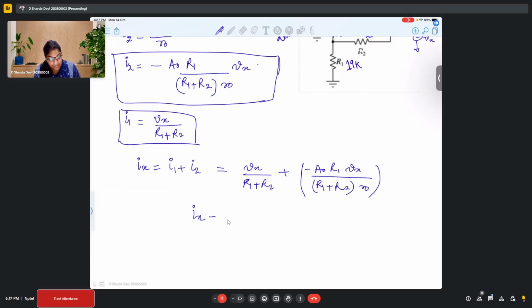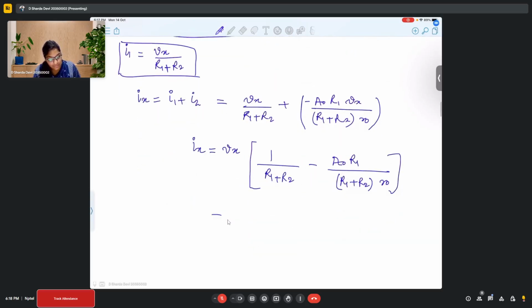So Ix equal to Vx times 1 by R1 plus R2 minus A naught R1 upon R1 plus R2 into R naught. If we further simplify this, this will become R naught minus A naught R1 upon R1 plus R2 into R naught.